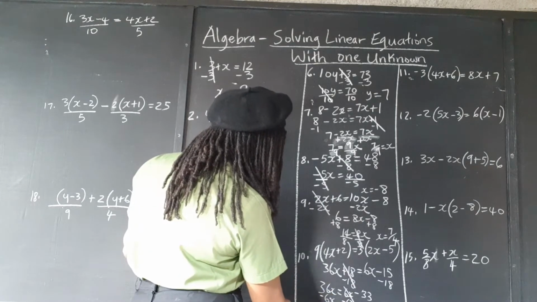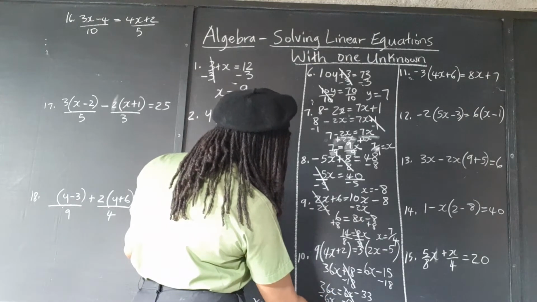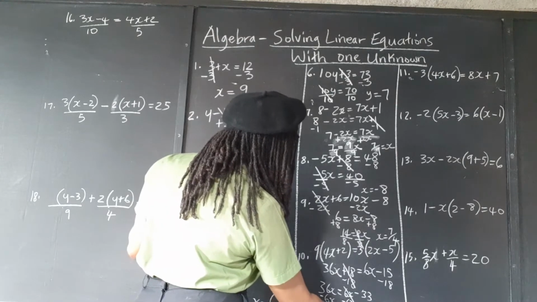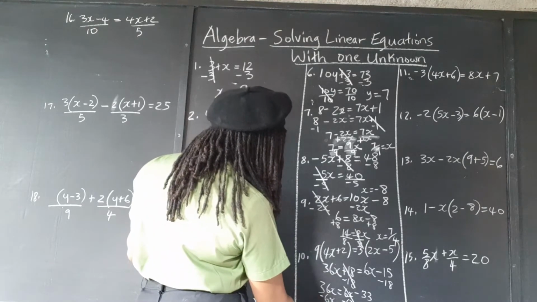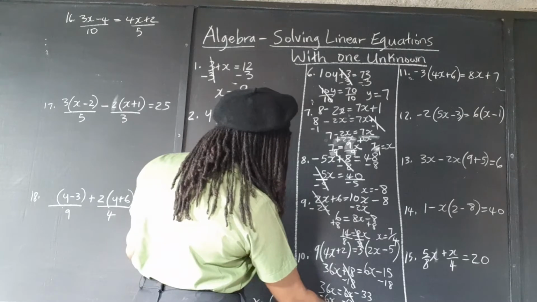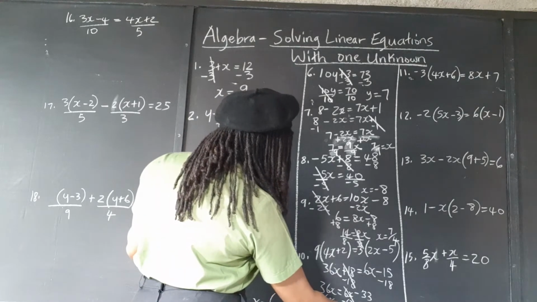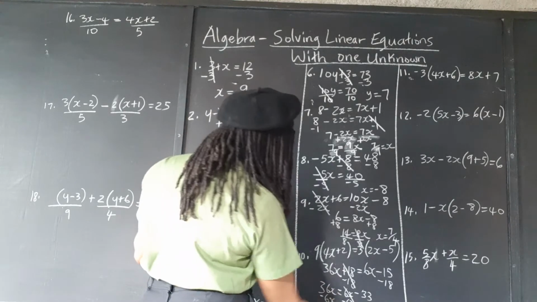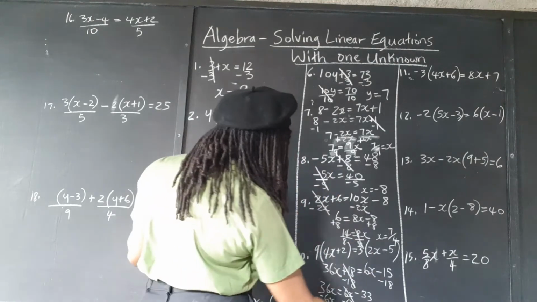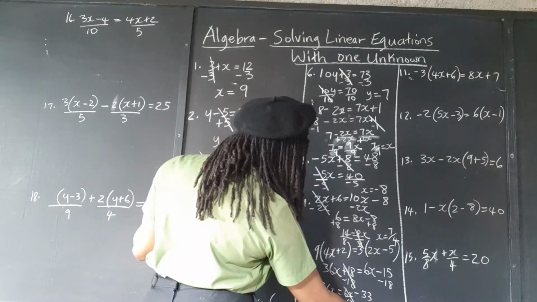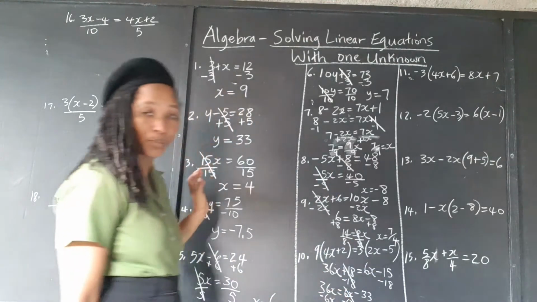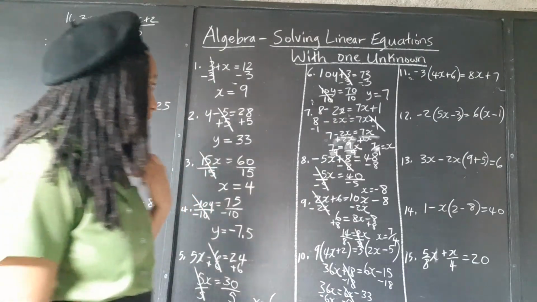So we have 30x is equal to negative 33. Dividing both sides by 30. So we have x is equal to negative 33 over 30, which is negative 11 over 10. Alright, negative 11 over 10.